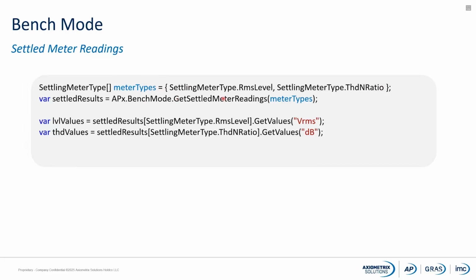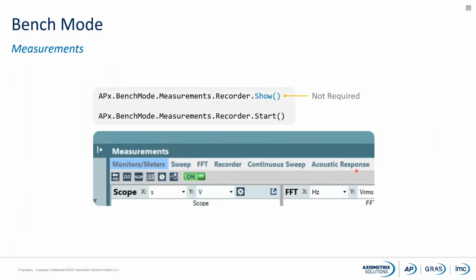You pass that into the method, which will return a collection of results. And from there, you can index into the results, again, based on meter type, to get the desired values. In bench mode, you don't have to show a measurement before you utilize its APIs.